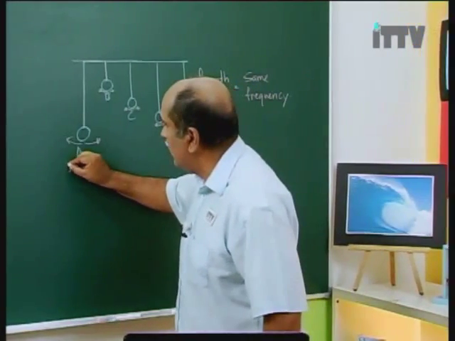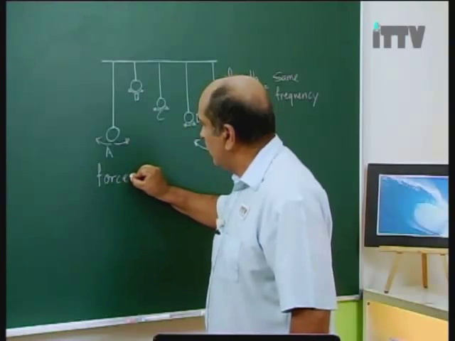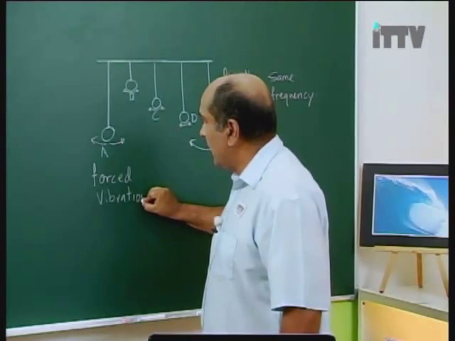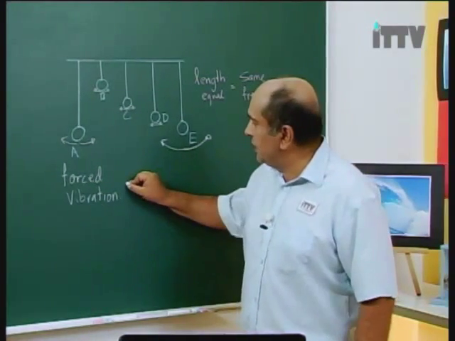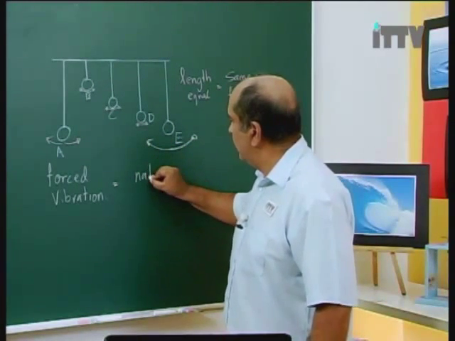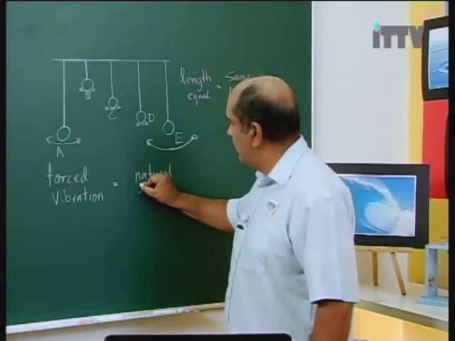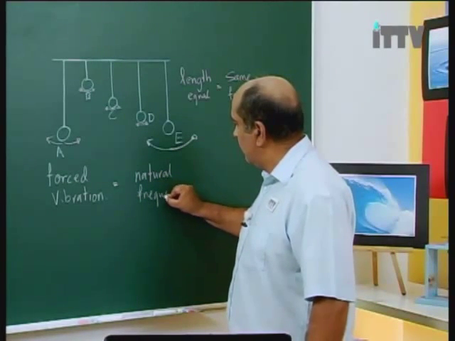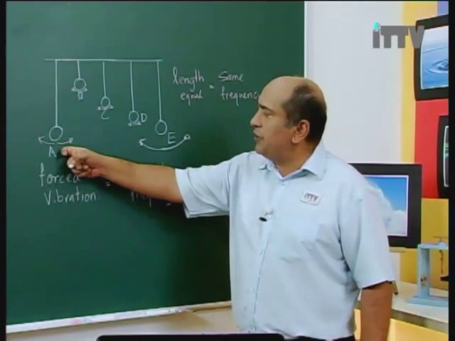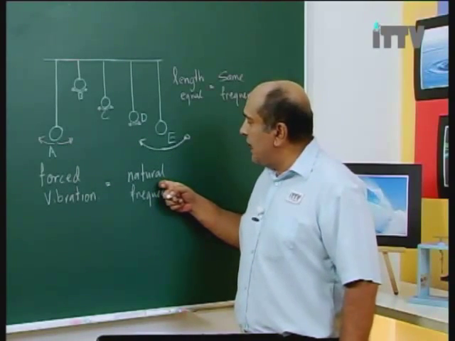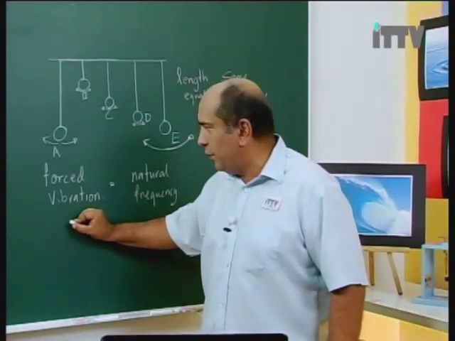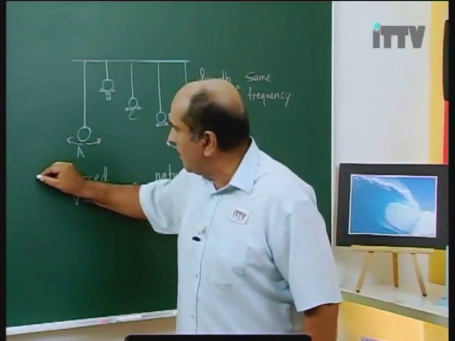so here we get our forced vibration. The forced vibration is equal to the natural frequency, because the forced vibration of A is equal to the natural frequency here. When I say forced vibration, I mean the frequency of this forced vibration. So let's add that in here.